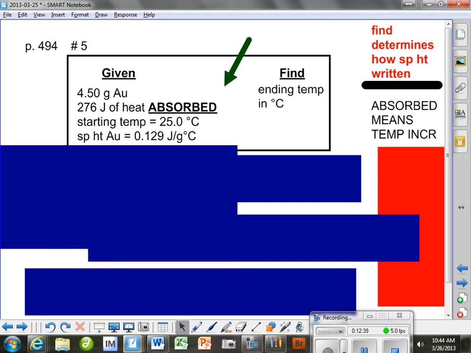Now, in this problem, the starting temperature is not used in the calculation. So the calculation is going to give us what? Is it going to give us starting temperature, ending temperature, or delta T?